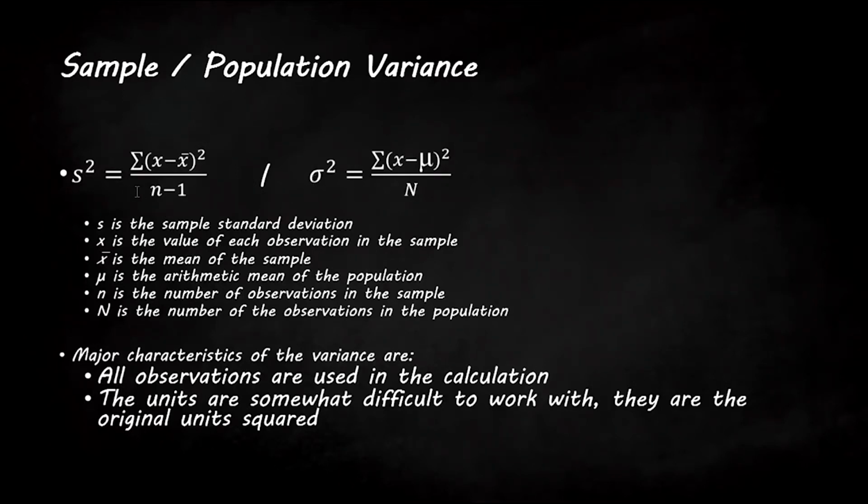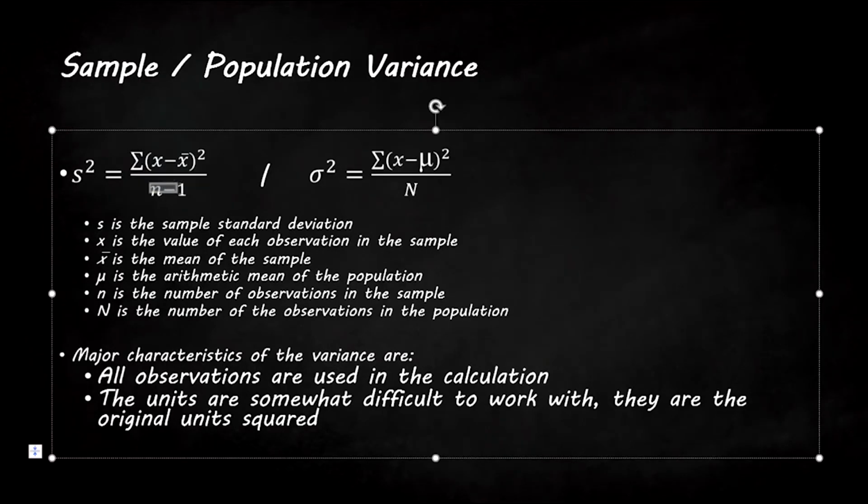It's pretty much all the same, except we are dealing with English letters here and Greek symbols here. And also on the bottom, there is n minus 1 as compared to n. Capital N signifies that we're dealing with the entire population, where n minus 1 says, let's take the number in the sample and subtract 1 from it.